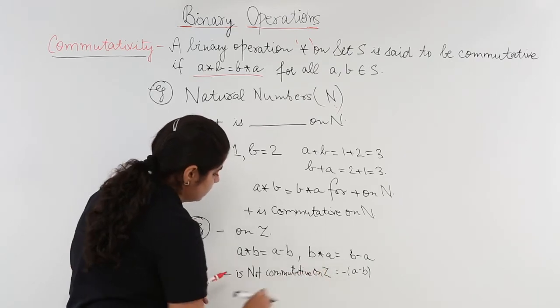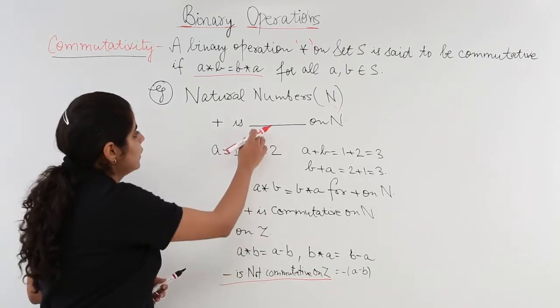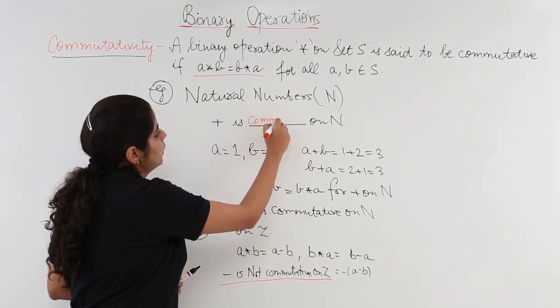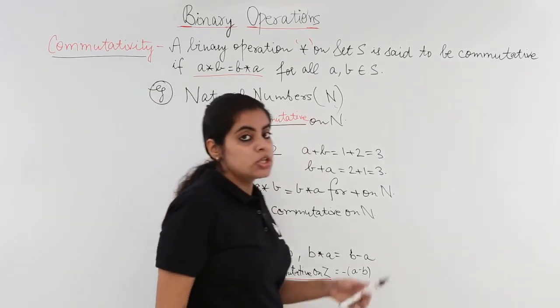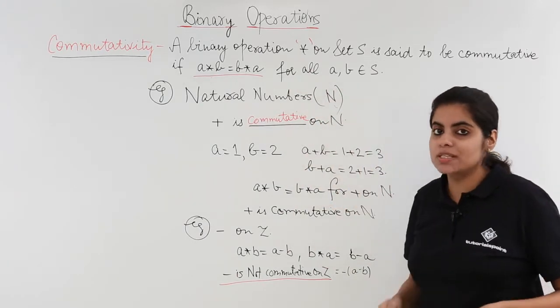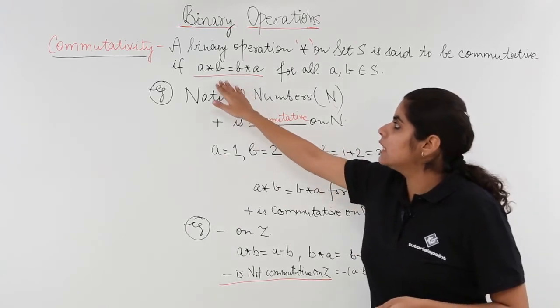Here is one result, minus is not commutative on Z, and the first result was that plus is commutative on N. So in this video we saw what commutativity means: a star b is equal to b star a. That means the order is immaterial.